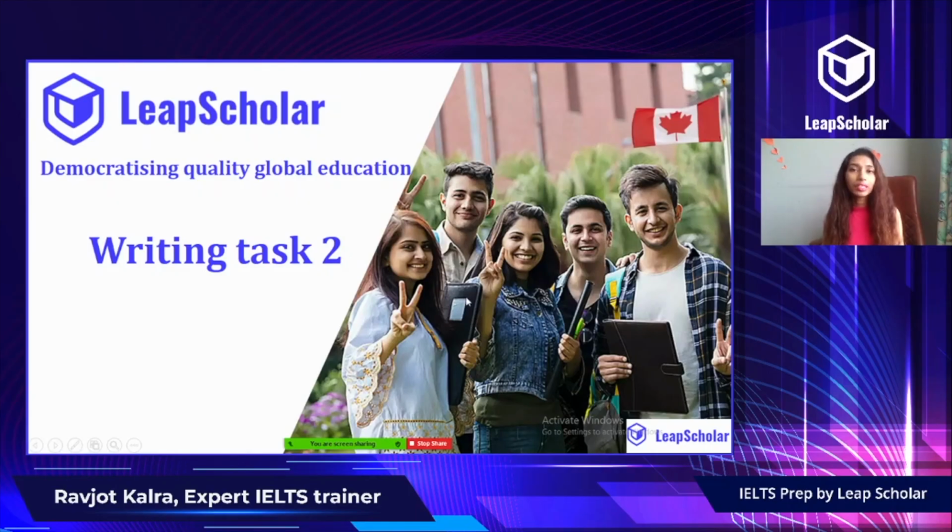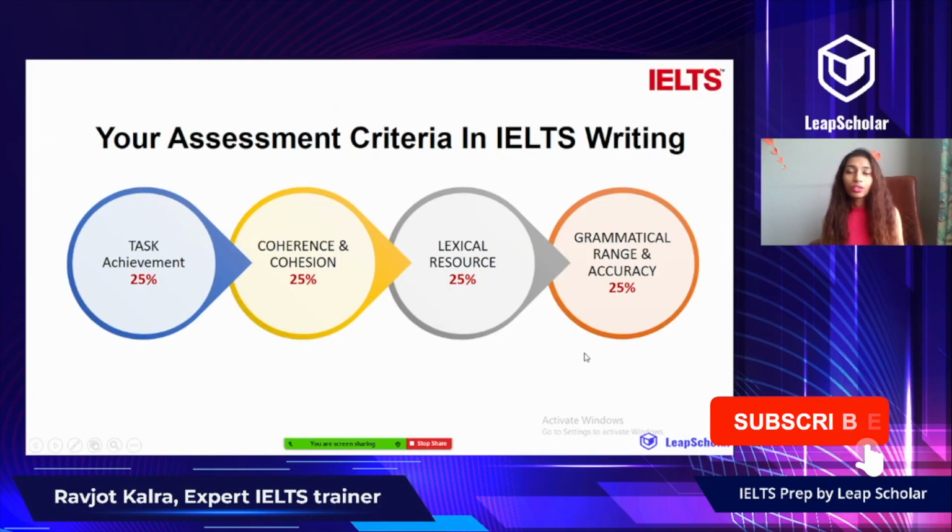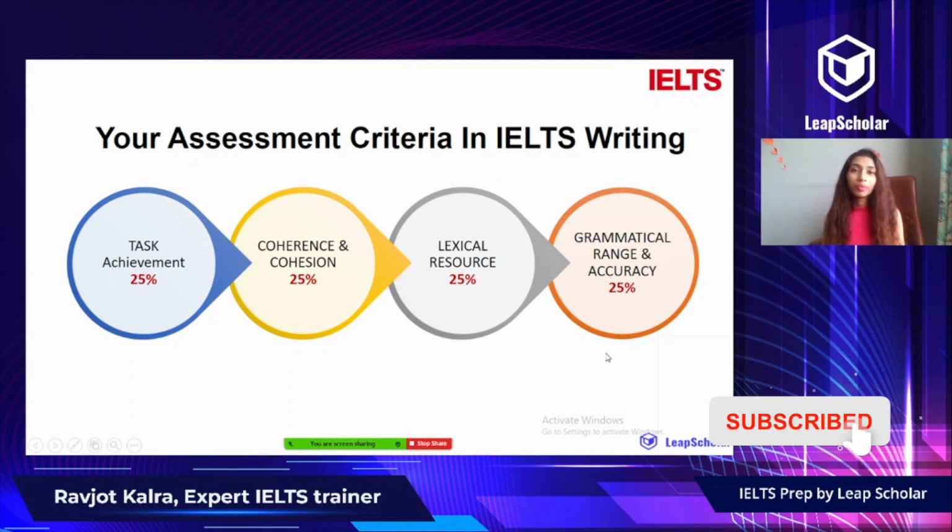Okay, let's start with task number 2. That is the other question. Before I begin with the question type that I have picked for today, I would like to talk about these parameters. These 4 parameters are very important.